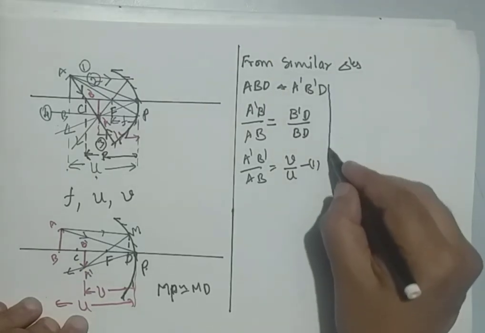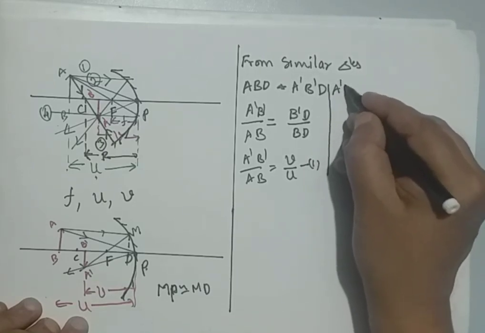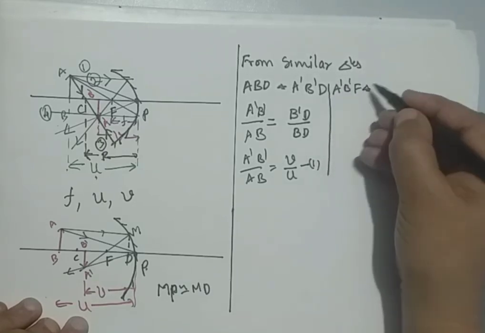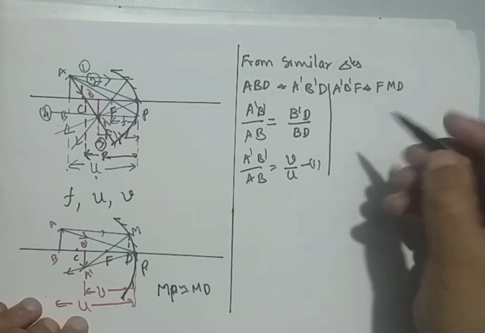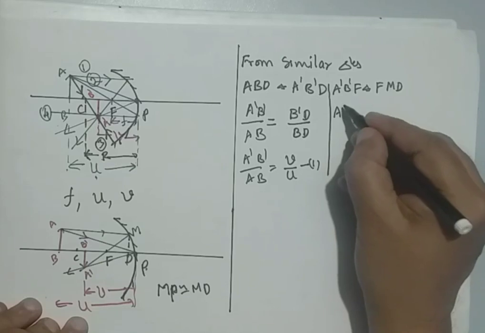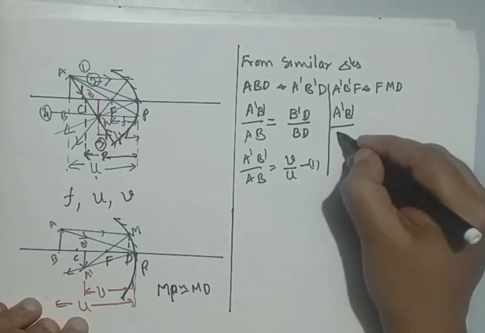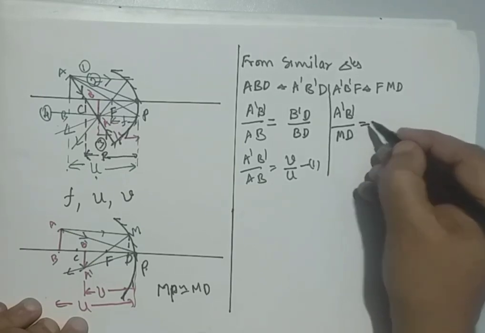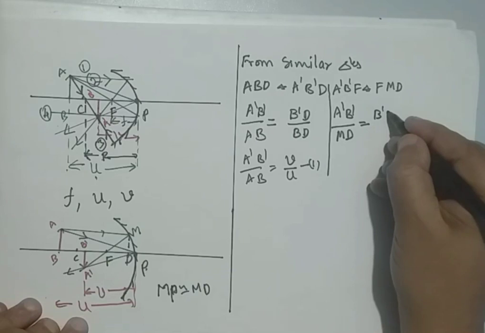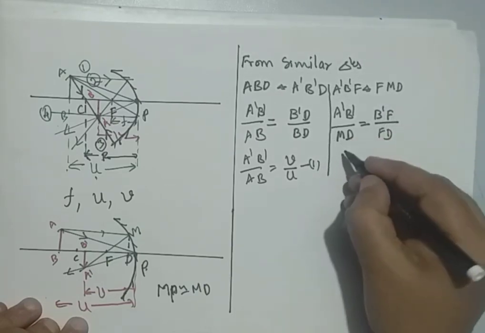Now we go for another set of similar triangles, A dash B dash F and FMD. From there itself I write A dash B dash divided by MD, which is equal to B dash F divided by FD.